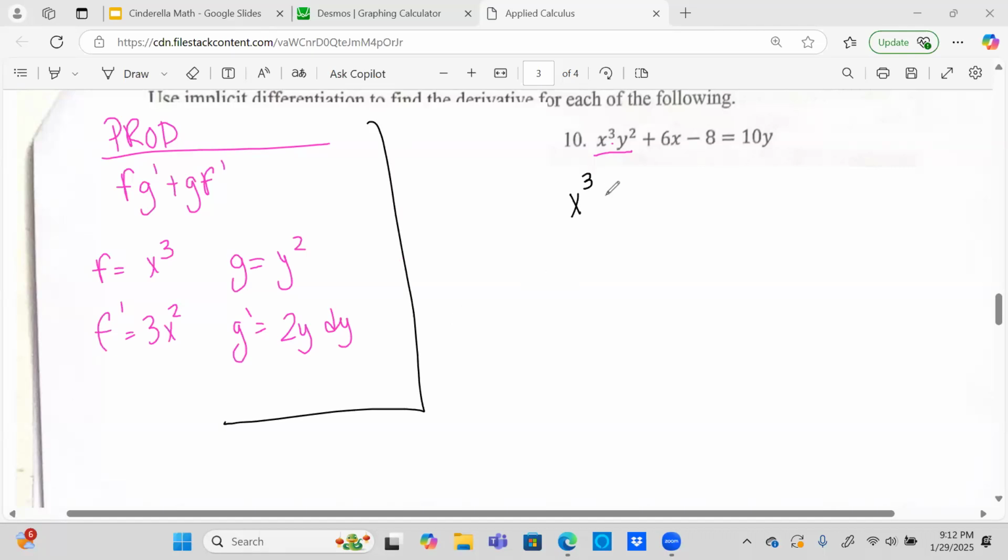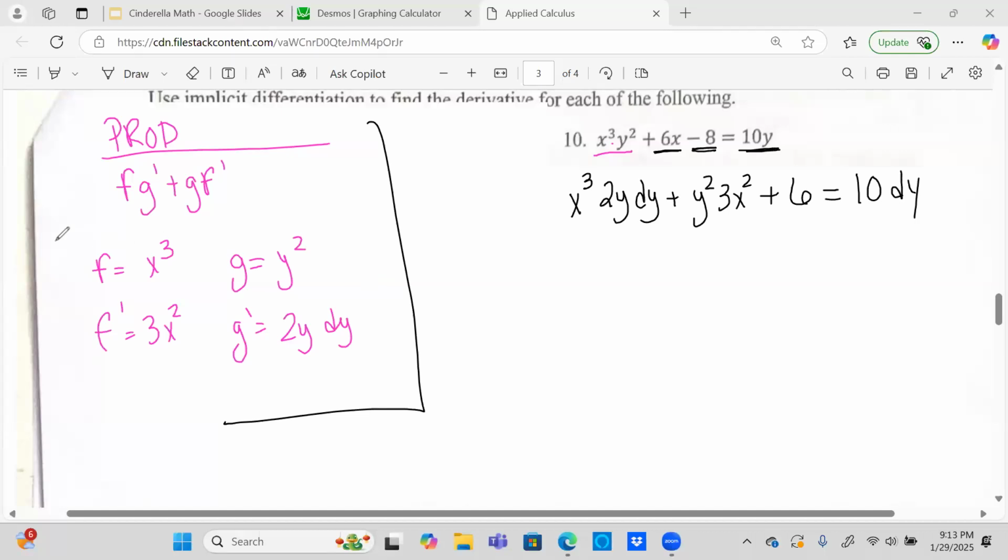f g prime plus g f prime, plus the derivative of 6x, which is just 6. The derivative of a constant is 0. Keep your equals. The derivative of 10y would be 10 with respect to y, dy.